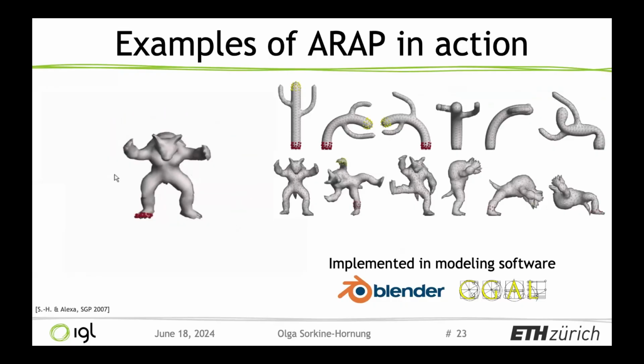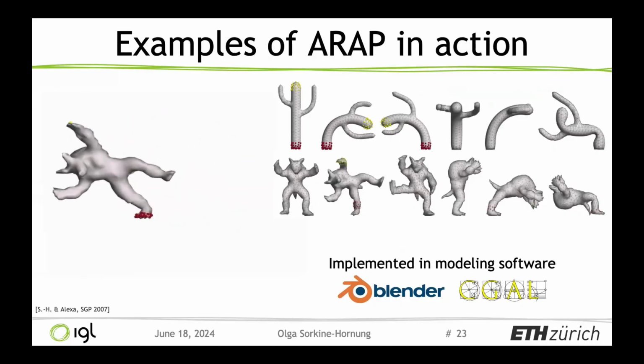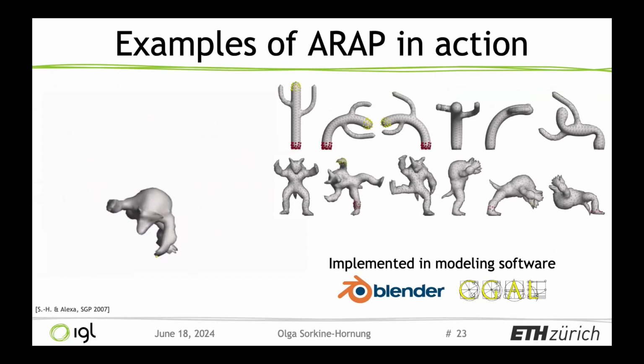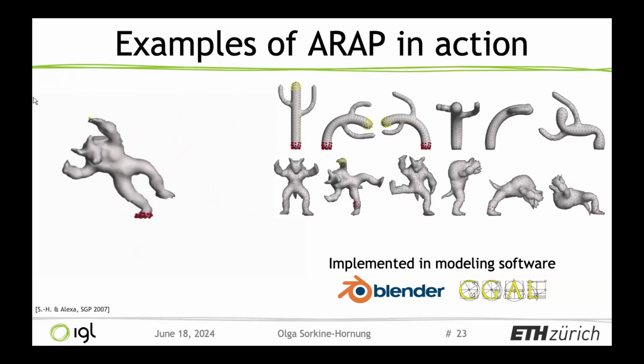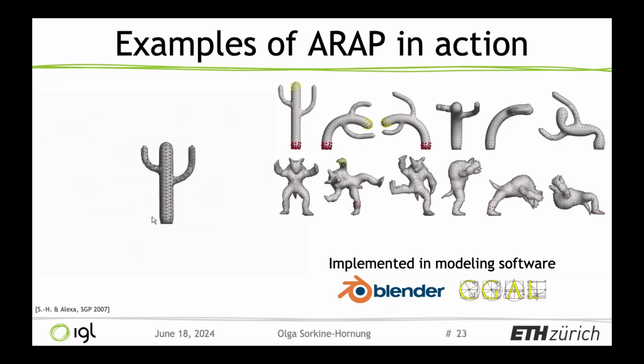So here again, some historical footage. In the beginning, it only worked on very low resolution meshes, as you can see here. So with this, it's hard to impress anybody today, and I won't attempt to do it. But the nice thing back then was that it could produce these very large bends, large rotation angles in real time, albeit on these very, very coarse shapes.